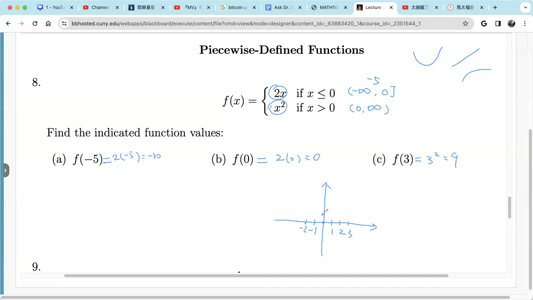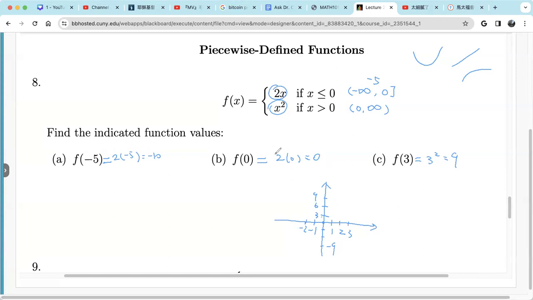Okay? We better make this smaller. So let's see this. This is a 3, 6, 9. So the increment on x and on y doesn't have to be the same. I can use anything convenient for me. -3, -6, -9.